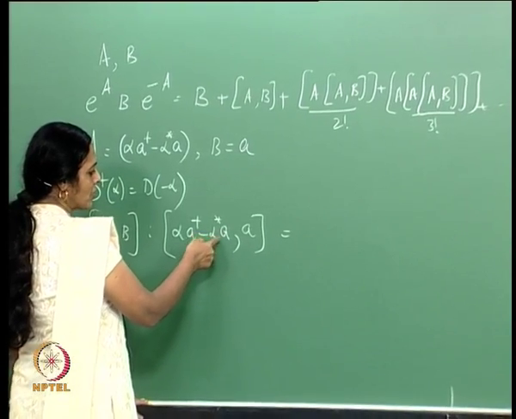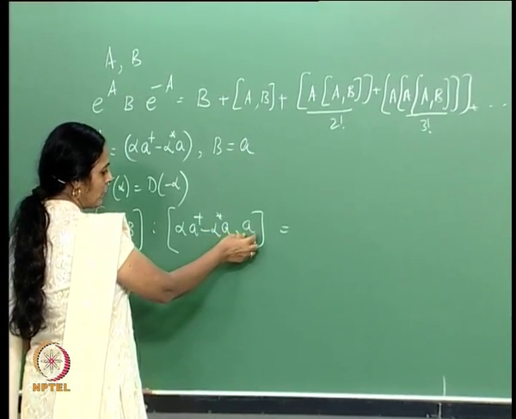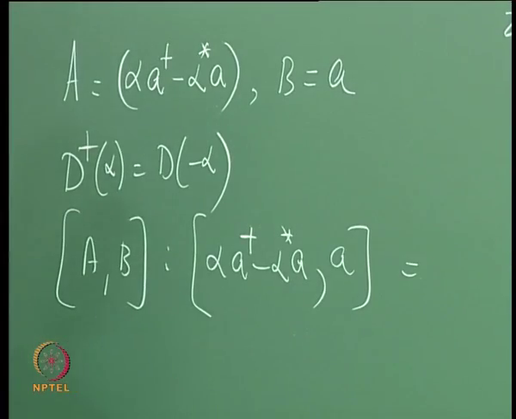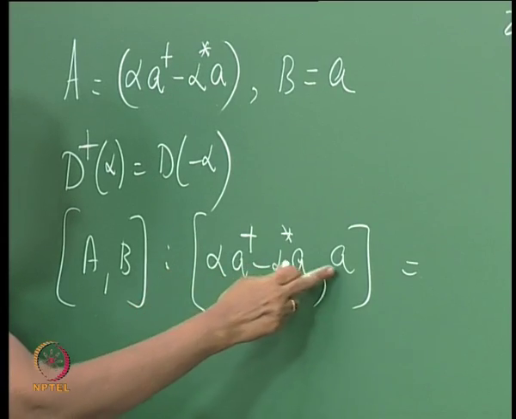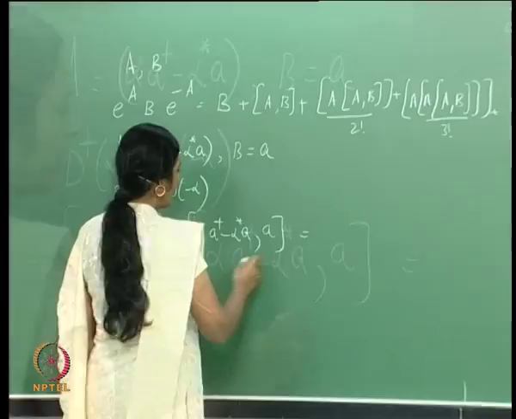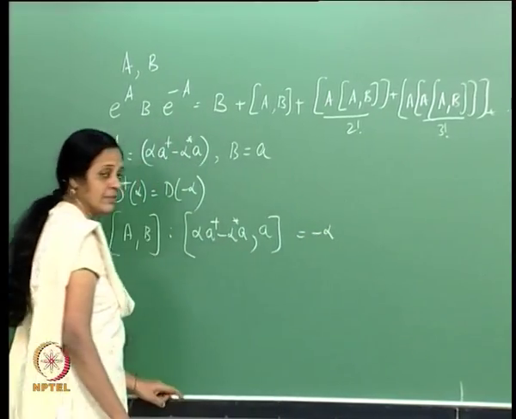The commutator of the second term alpha star a with a drops out because a commutes with itself. That leaves behind the commutator of alpha a dagger with a. The commutator of a dagger with a is minus 1, and therefore this just gives me minus alpha.